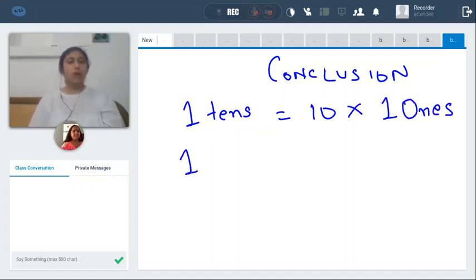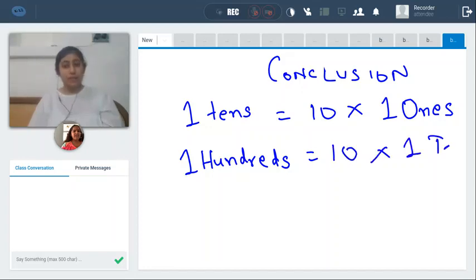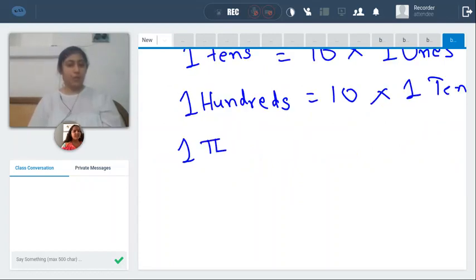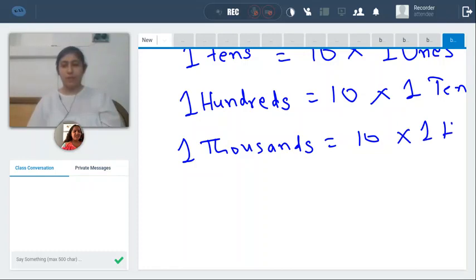Okay, 100 is equal to, do you know that? 100 is equal to how much? It is 10 times tens. Okay, and 1000 is equal to, do you know that? It is 10 times the previous place, which is 100.